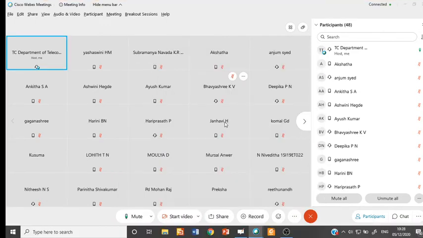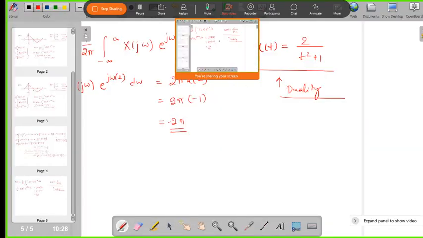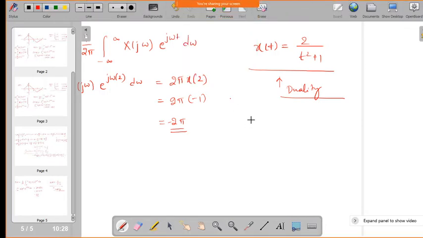If you interchange t and omega, you will get the corresponding Fourier transform. That is, if you have x of t, the corresponding Fourier transform is x of j omega. Now if we have x of jt, that is, if you interchange omega and t, you will get the Fourier transform, which is equal to 2 pi into x of minus omega.